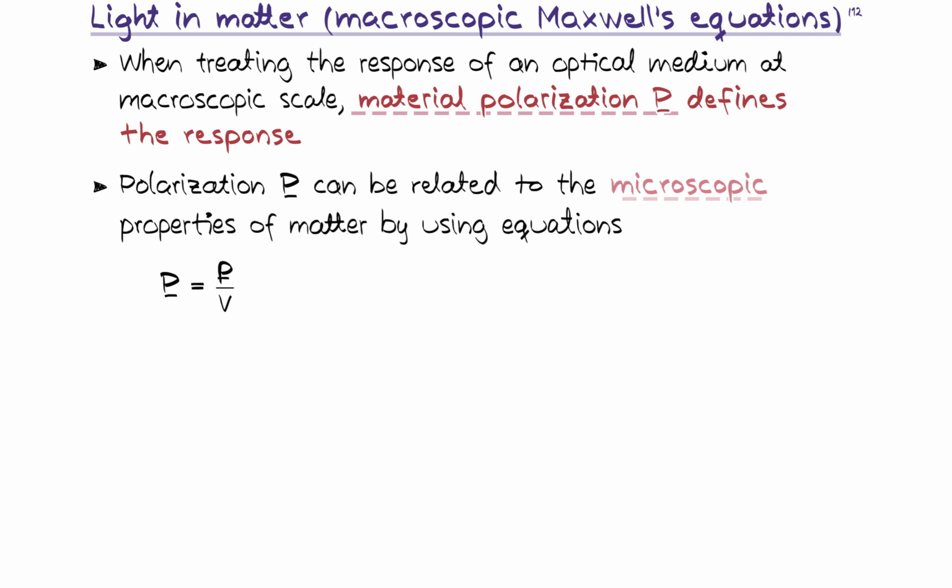And if you know what kind of atomic dipole moments we have inside the medium, we could, in principle, just write that the polarization P, the macroscopic polarization, is N, the particle density in a unit volume, times the dipole moment. So this relation would be okay.